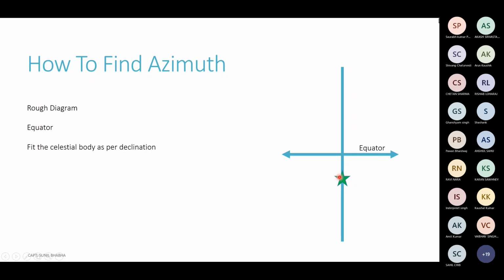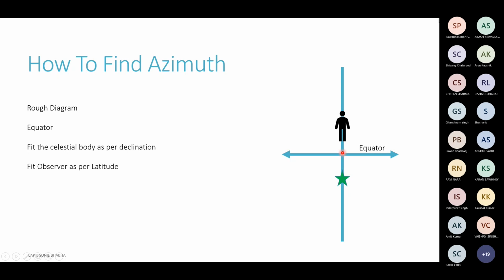Now, once the celestial body is there in the diagram, we now fit the observer. The observer is put in this diagram basis the latitude of the observer. The DR latitude is available to us in the question. So let's assume that the latitude is given as 30 degrees north.